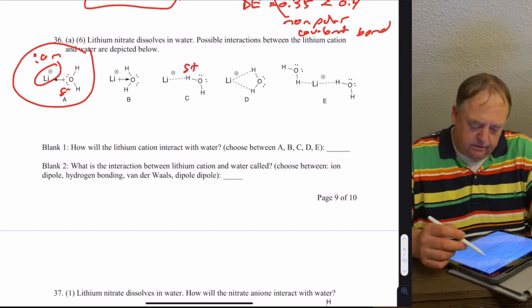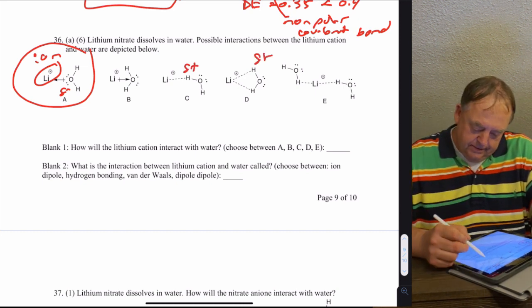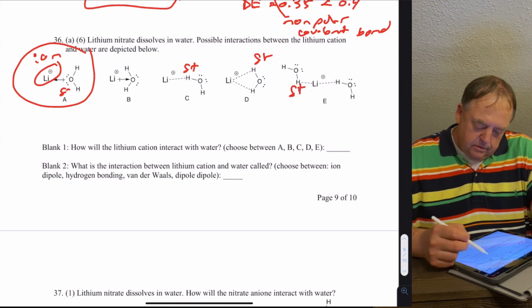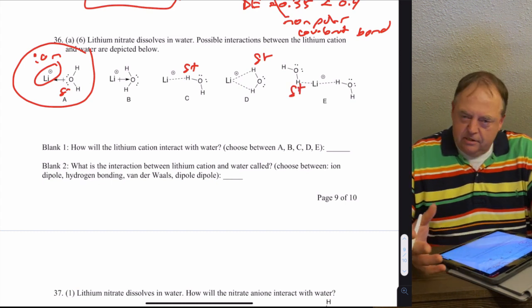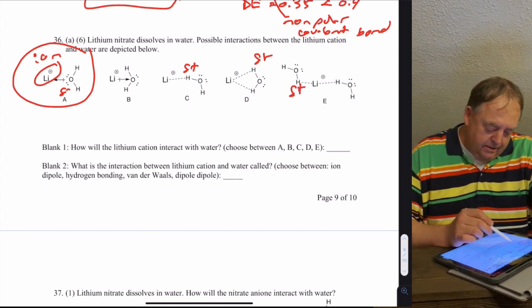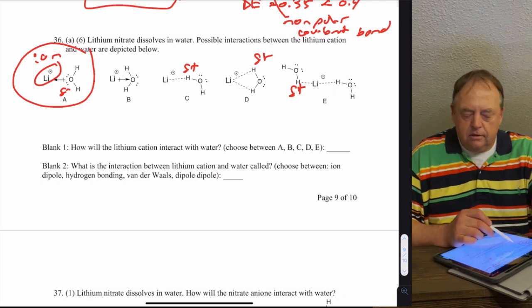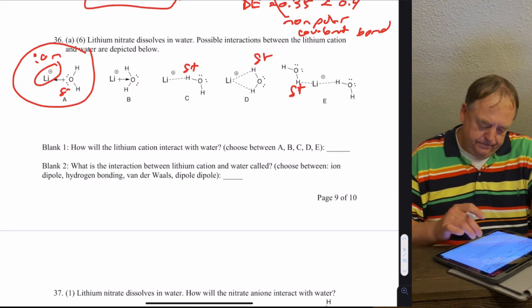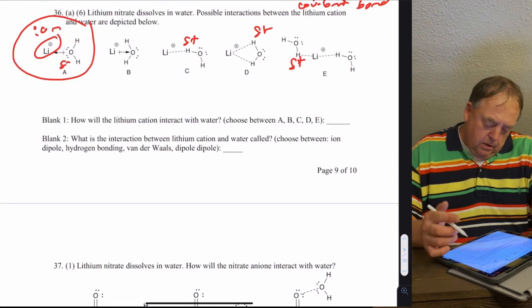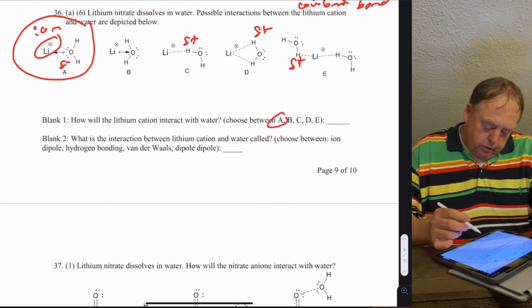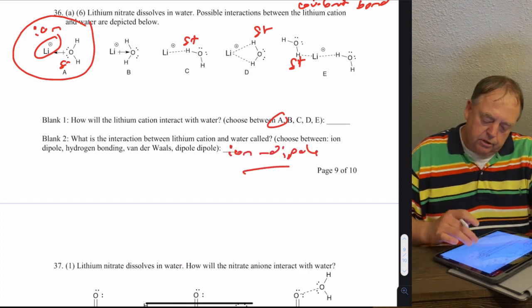You're not going to have two positives attracted to each other. So all of C, D, and E has positive bonded to positive. That's bad. And here, the dipole's pointing in the wrong direction. It needs to point towards the cation. Okay, so A is the choice, and that's called an ion dipole attraction.